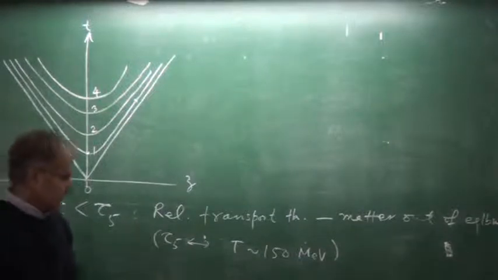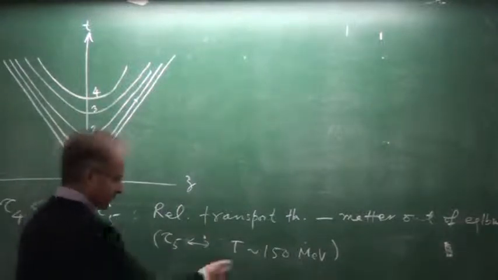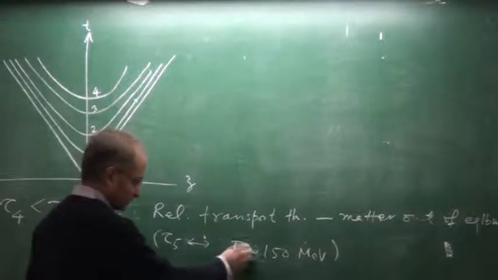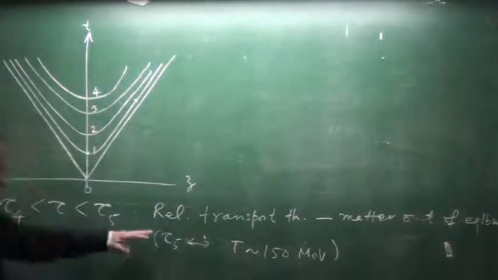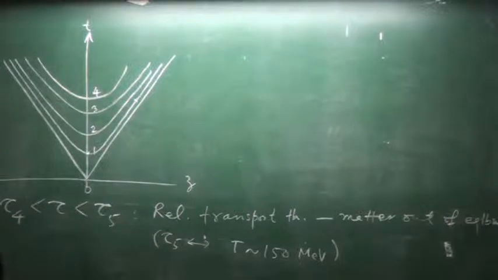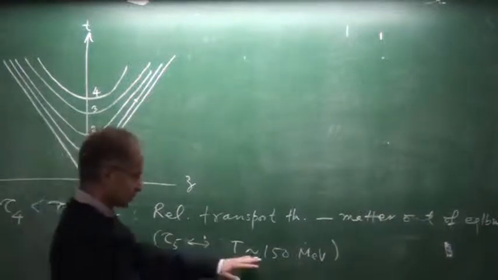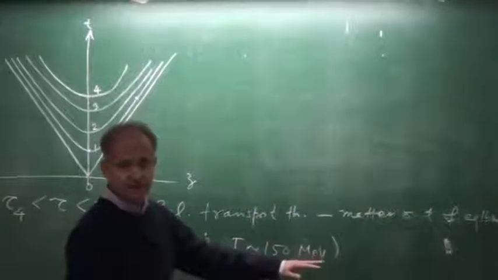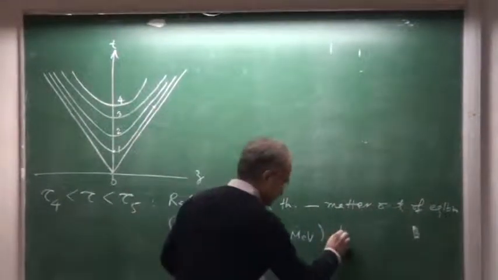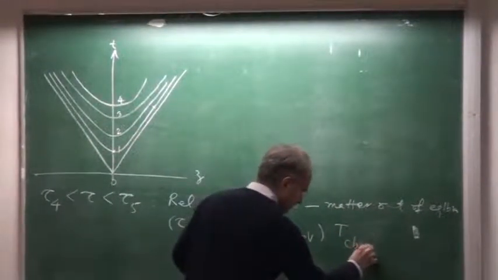So as the system expands, first the inelastic collisions stop, and later on elastic collisions also stop. So this is where we assume that the inelastic reactions have stopped. So this is called chemical freeze out.